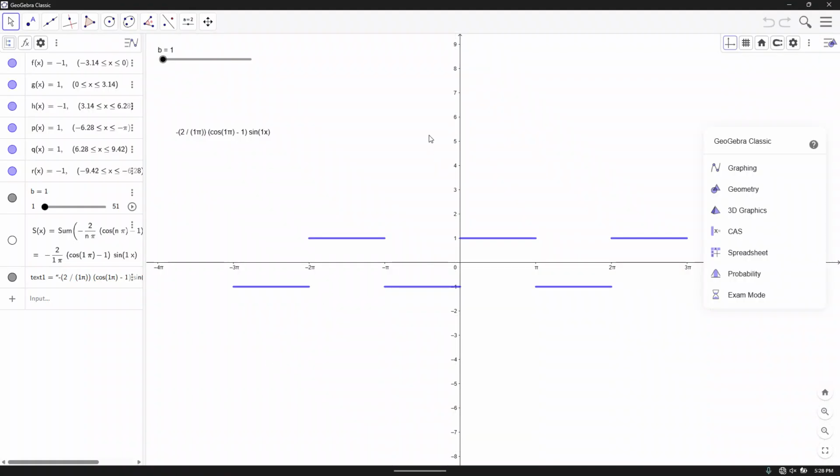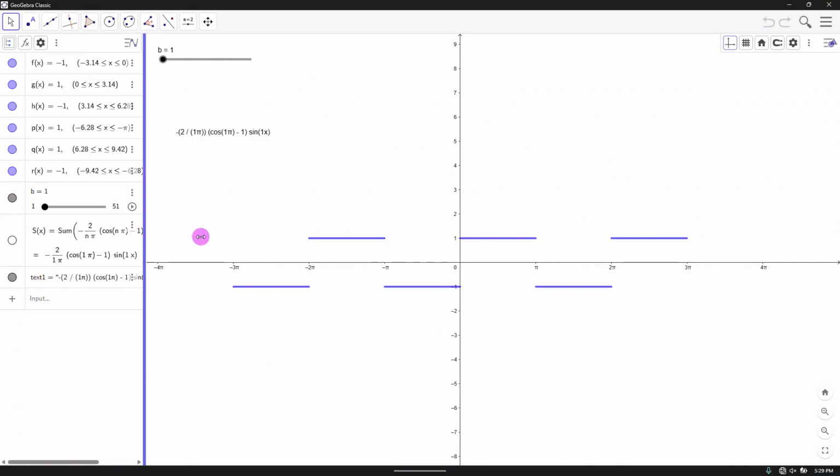So guys, this is the graph of the square wave function from 0 to pi, between negative pi and 0, 1, negative 1, 1, negative 1, and so on and so forth, right? And I have graphed a few of these lines to have a good representation.